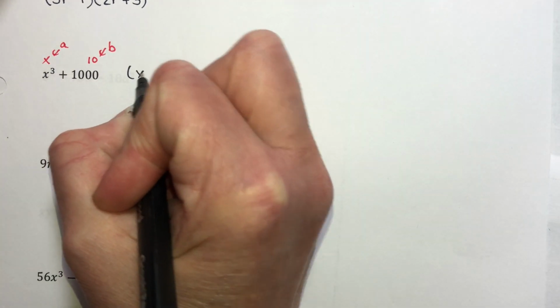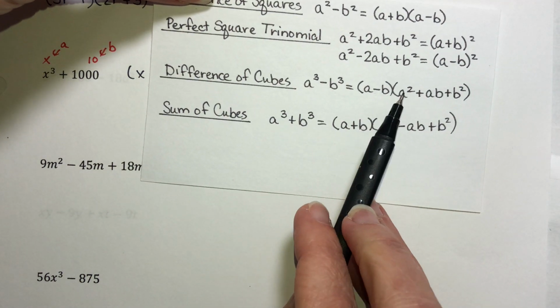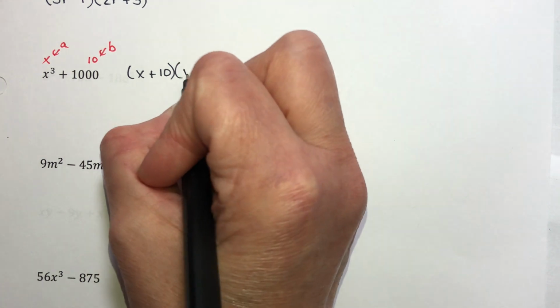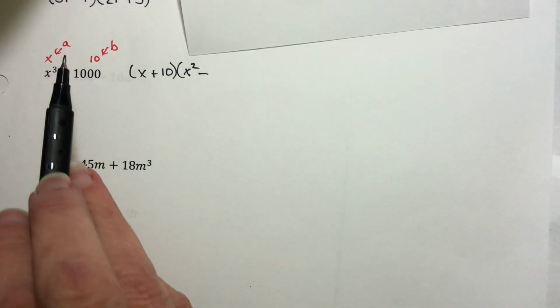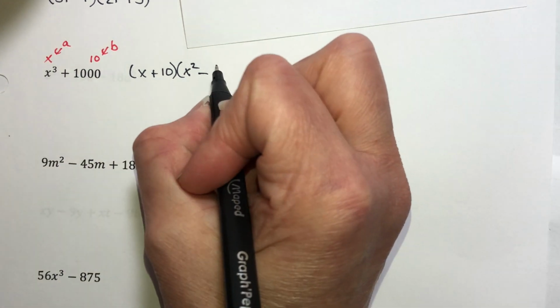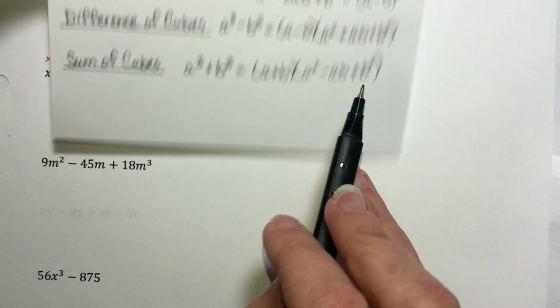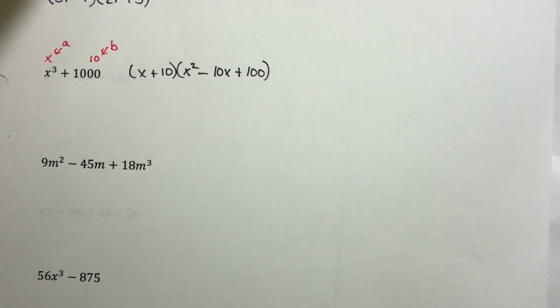So x plus 10 times A squared, so x squared, minus A times B, so that's going to be 10x, plus B squared. 10 squared is 100. And that will be your answer.